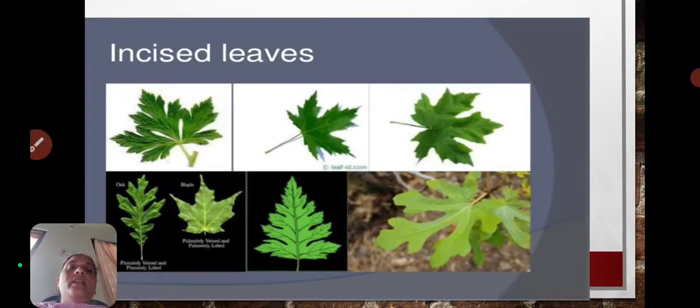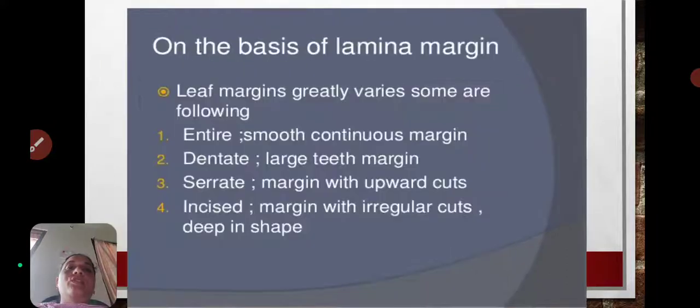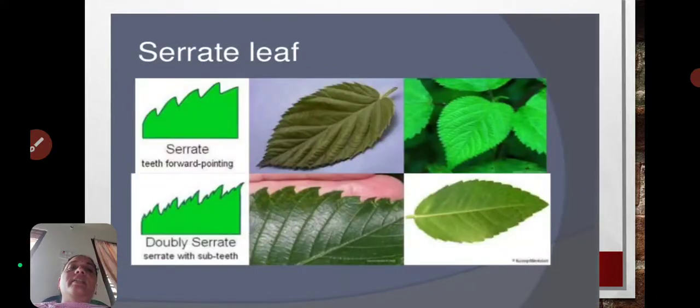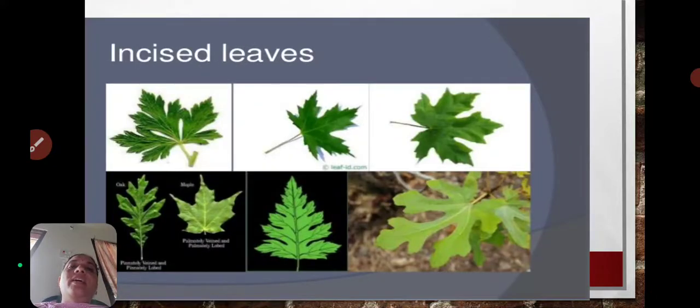What is the definition of the incised leaf margin? Margins with irregular cuts and deep in shape are called incised. These cannot be identified as entire leaf margin, dentate or serrate. We can't recognize some part.